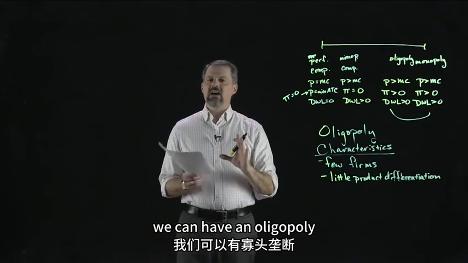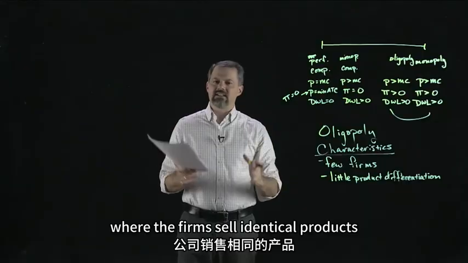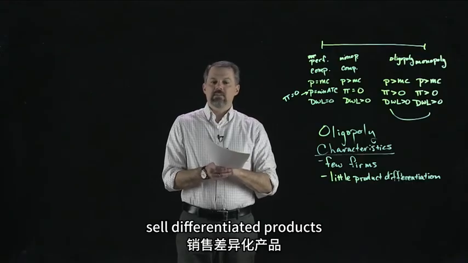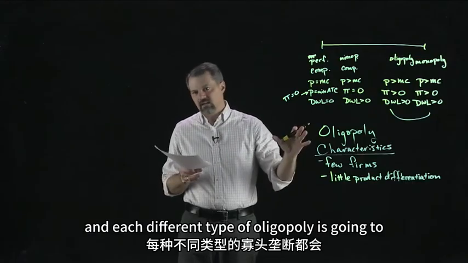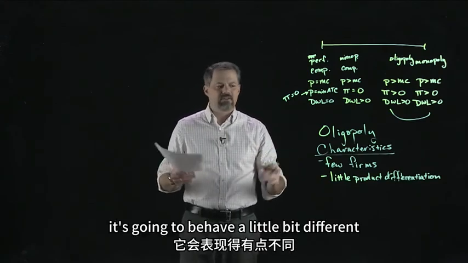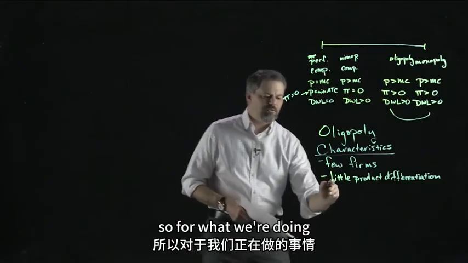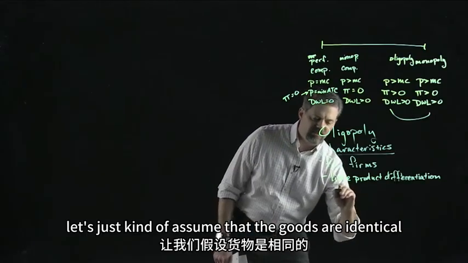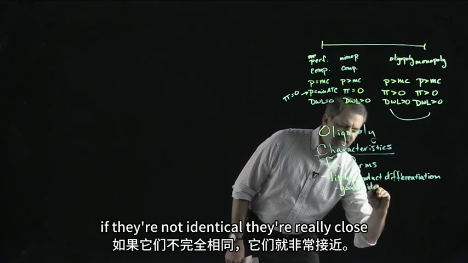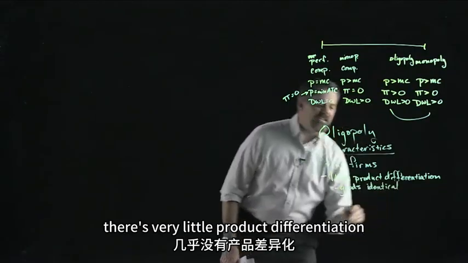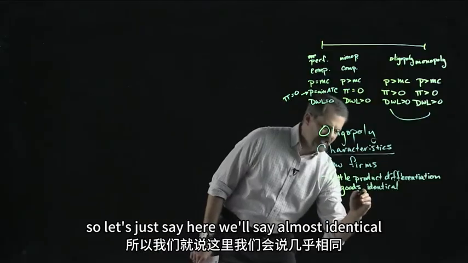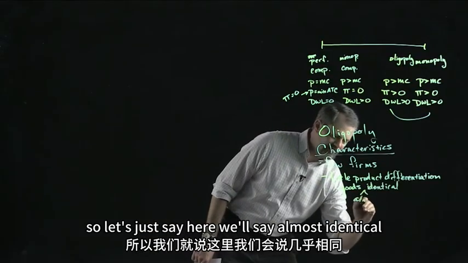We can have an oligopoly where the firms sell identical products, or one where the firms sell differentiated products, and each different type of oligopoly is going to behave a little bit differently. So for what we're doing, let's just assume that the goods are identical. If they're not identical, they're really close. There's very little product differentiation. So let's say almost identical.